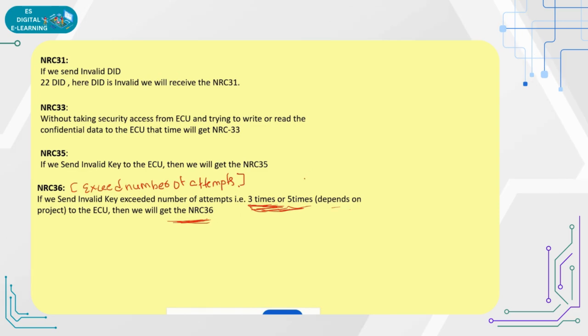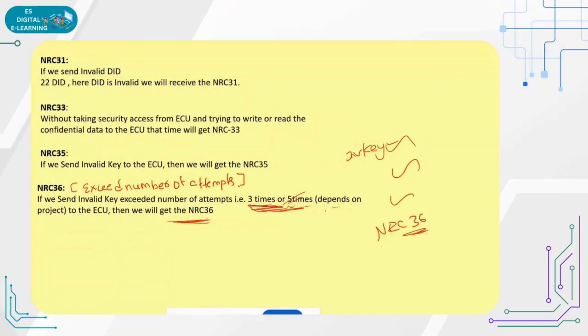So I send the invalid key continuously 3 times, first time, again, and again. After that I will get NRC 36, saying that you exceeded the number of attempts. This warning you will get.